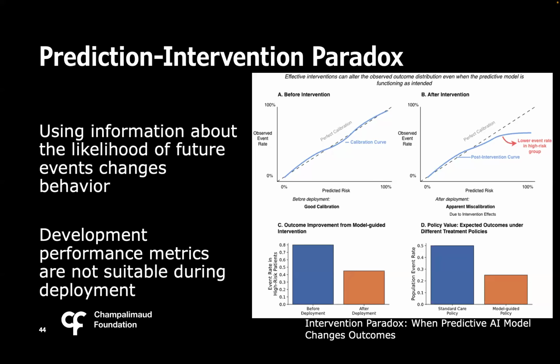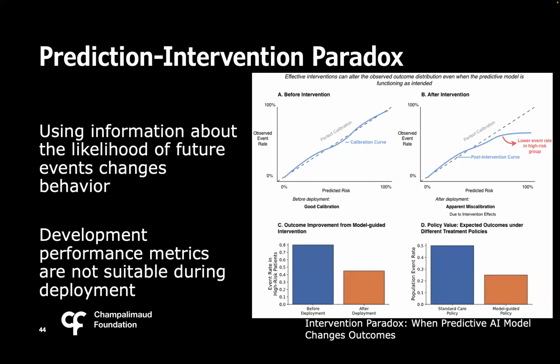So the event rate is going to lower. And what we see, if we monitor the performance of these models, is that all of a sudden our model has an apparent miscalibration.